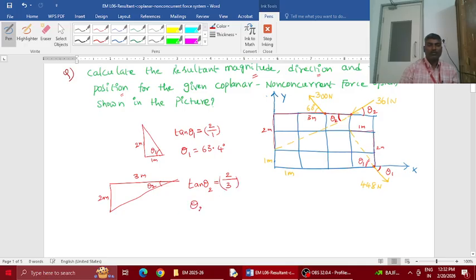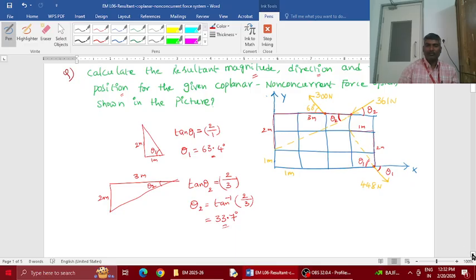So theta 2 will be tan inverse 2 by 3, which you get by calculating as 33.7 degrees. These two are the angles which are required, because for the 300 force, the angle of 60 degrees is directly given to you.